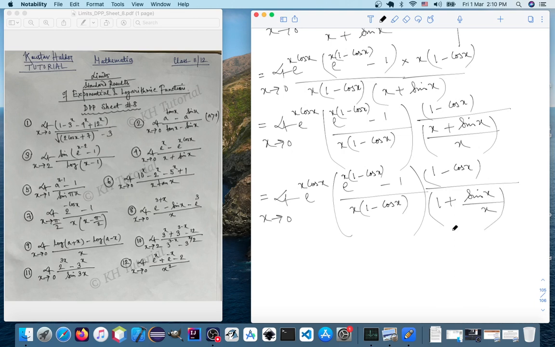We have the standard form. Now we got two standard results, this one and sin x by x. Sin x by x at x tending to 0 will be 1, no problem. This whole thing will be 1, no problem.